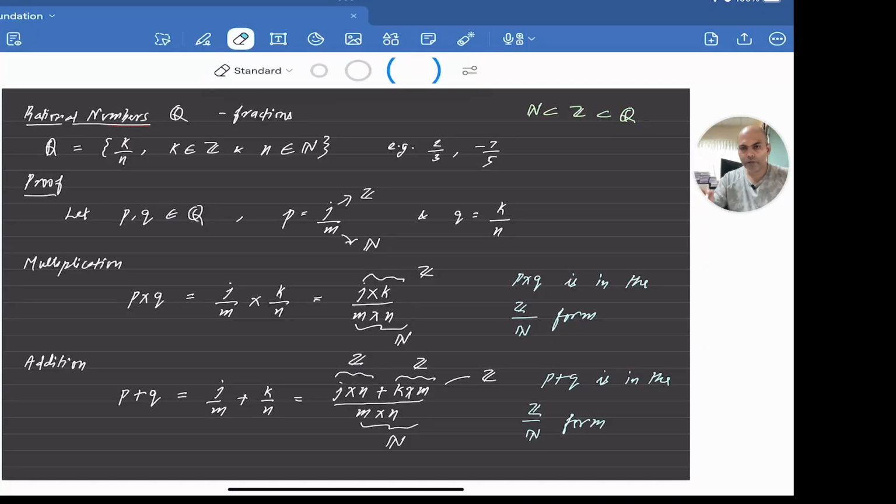Now let us look at if there is another number system which is larger than the set of rational numbers.